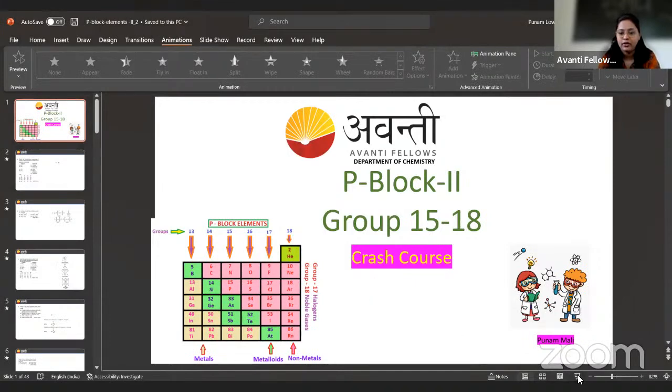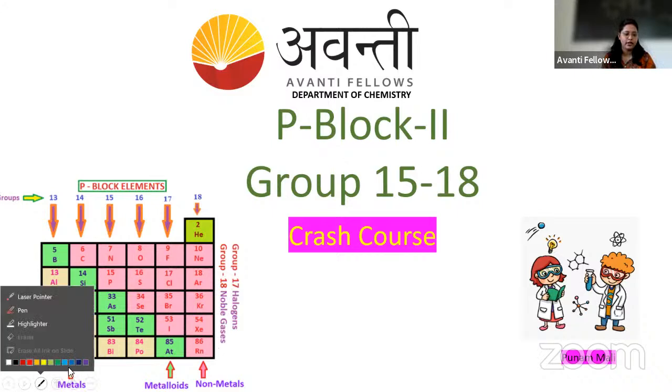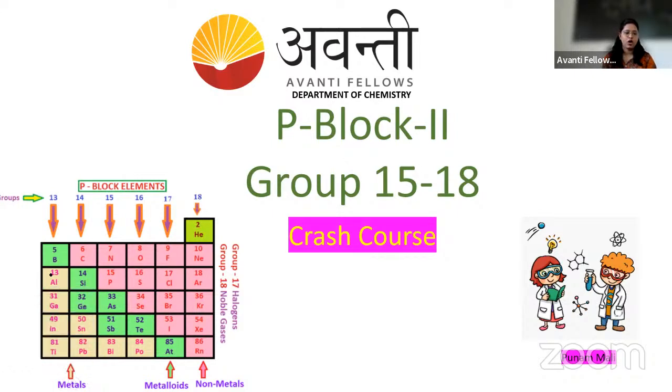As I have shown here in the slide, group 15 and 18 elements. Yesterday we talked about group 13 and 14 elements, that is the boron and carbon family. So today we are going to talk about group 15 to 18.